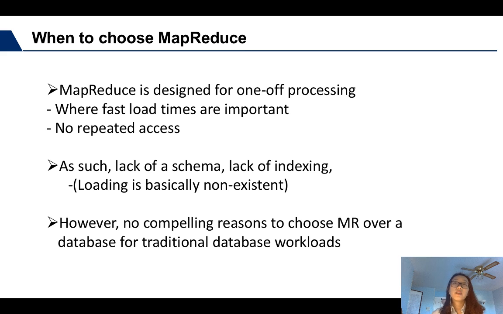If indexing works better, we can choose a DBMS, and if there is a lack of indexing, MapReduce is better. However, the authors also argue that there is no compelling reason to choose MapReduce over a database for traditional database workloads.